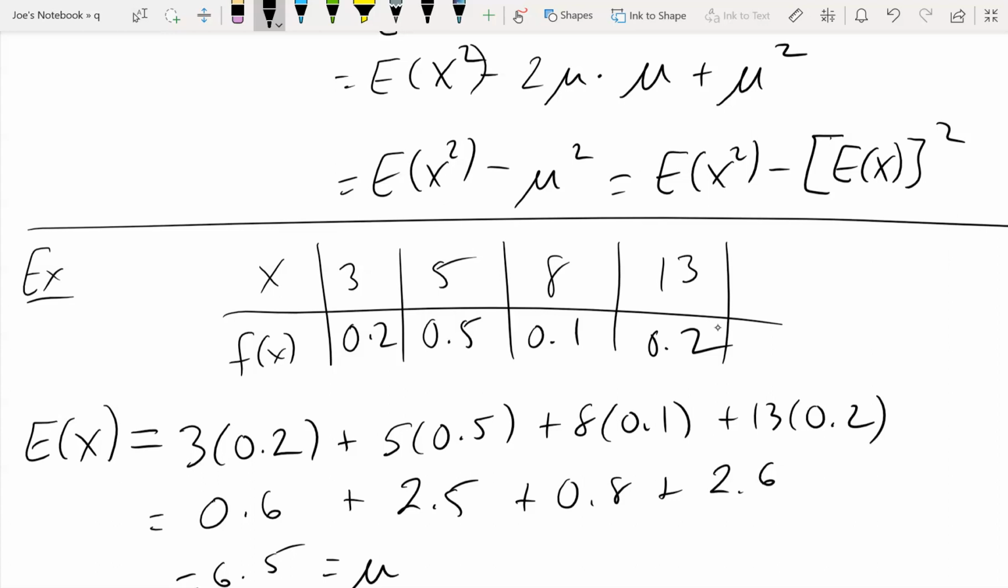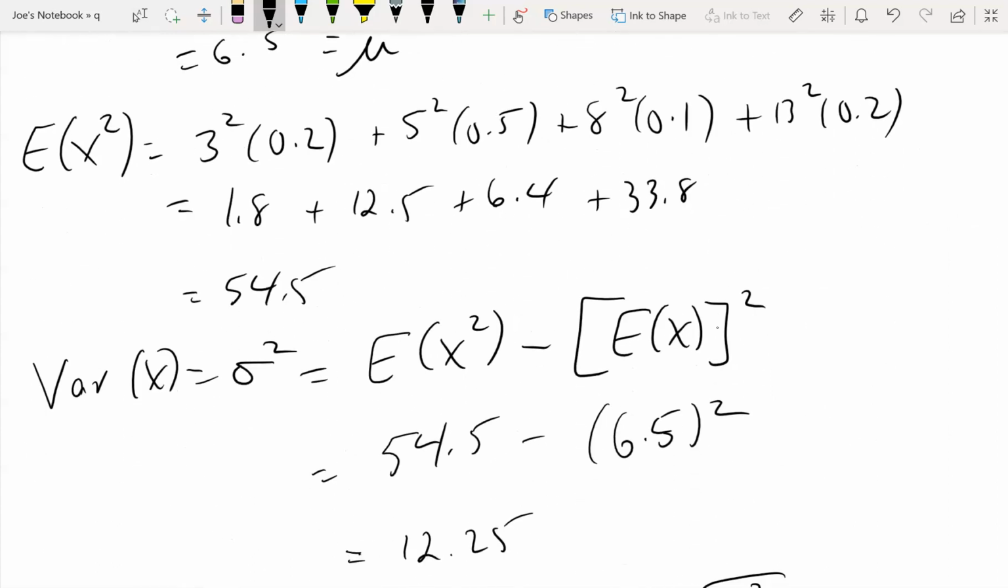So that's your variance formula. Just move it to the other side. That gives you the expected value of x squared. Tricky, tricky.